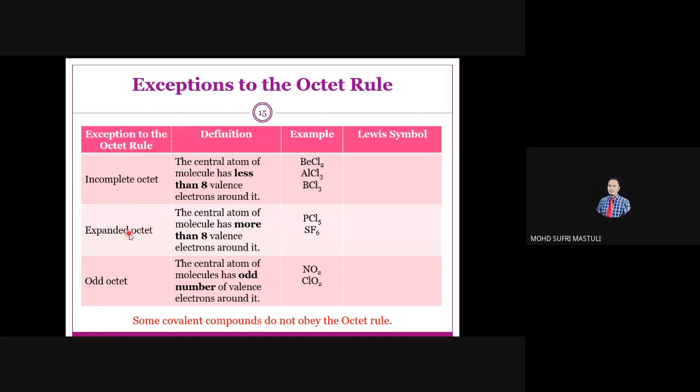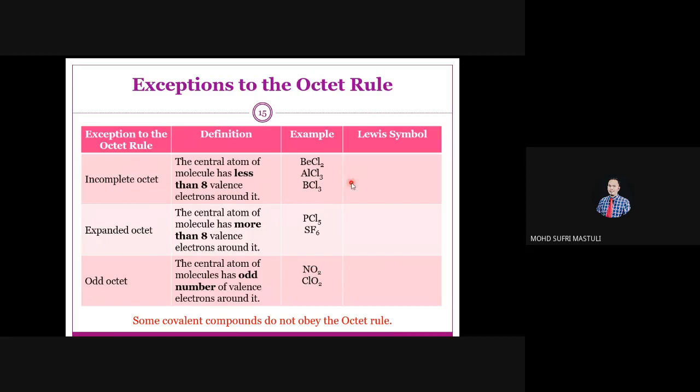The expanded octet is when there are more than 8 valence electrons around the central atom. The last one is odd, an odd number of valence electrons around the central atom. This is an example of a covalent compound categorized as incomplete octet, this one is for the expanded, and this one is for the odd.